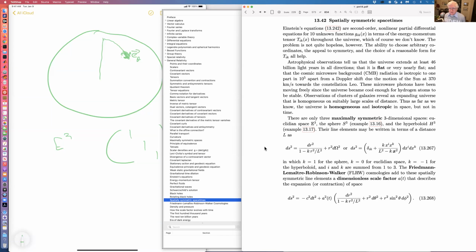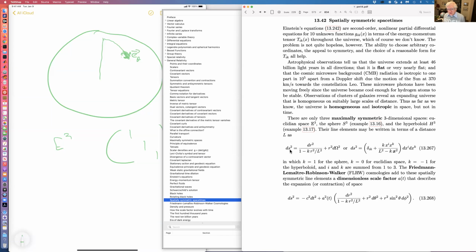We did a little bit of cosmology, and what are called the Friedmann-Lemaitre-Robertson-Walker cosmologies. They have a metric that looks like this. The distance between infinitesimal points is dr squared over 1 minus kr squared over L squared, plus r squared d omega squared.